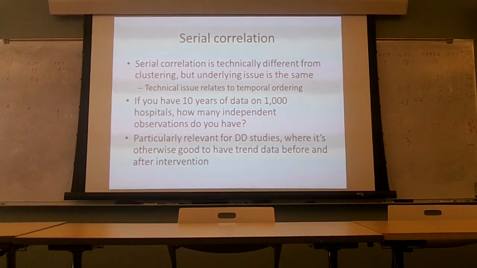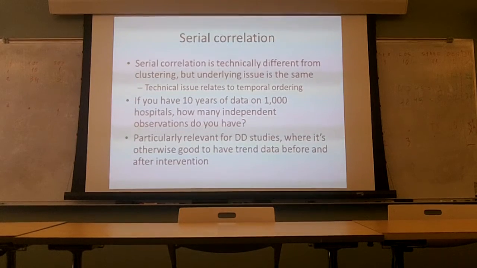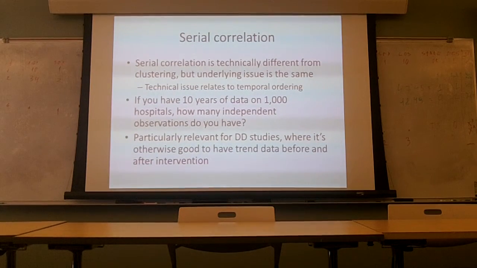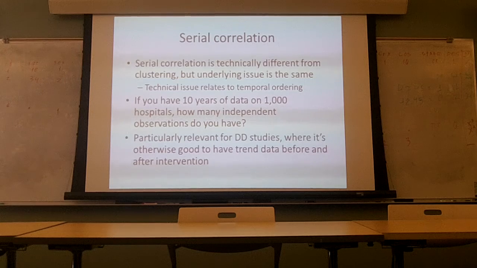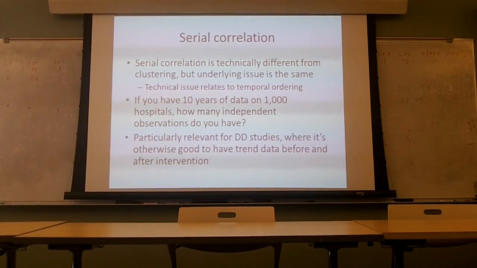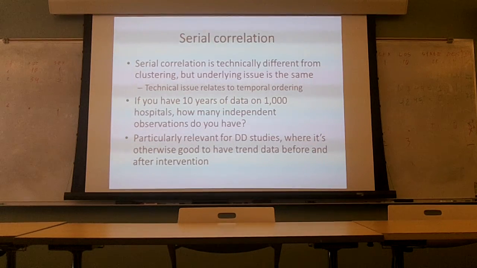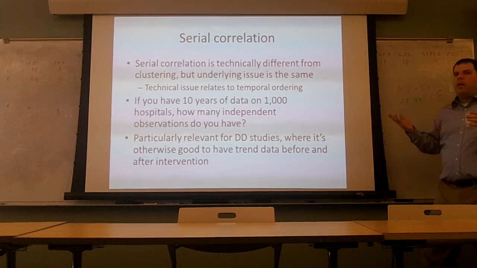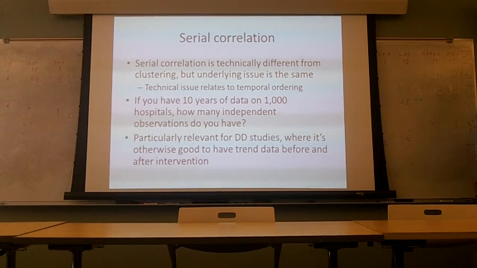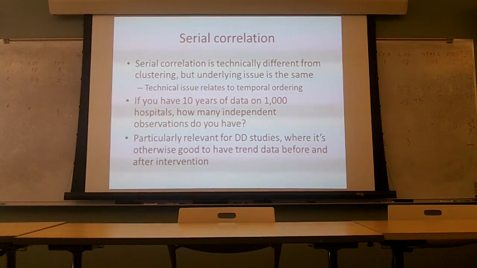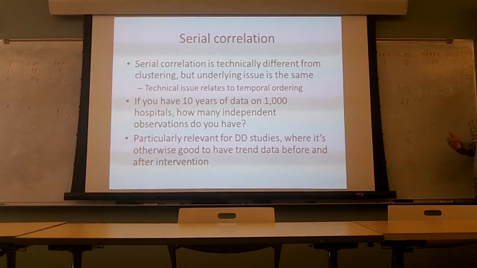Serial correlation is a similar but slightly different issue, and has more relevance for difference-in-differences type setups, where we're looking at a longitudinal time series type of data. The idea basically is if we have a unit, a state, and we're following that state over time from pre to post, how many independent observations do we have?